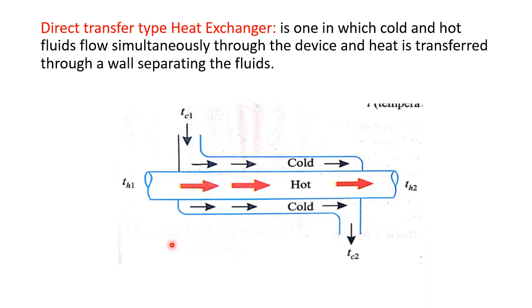Why is it also called the double pipe concentric tube heat exchanger? Because one tube is placed in another tube. Here the hot fluid enters at the left end of the heat exchanger, moves towards the right, and exits at the right end.